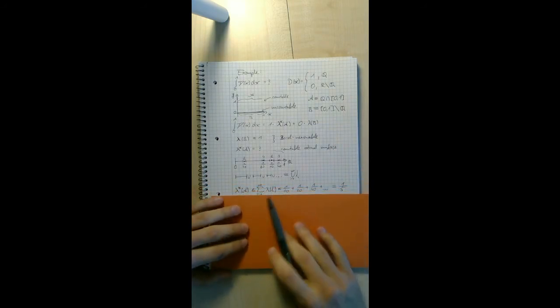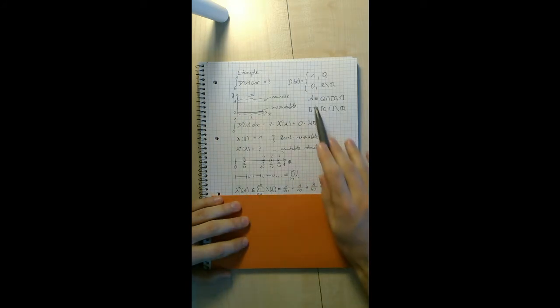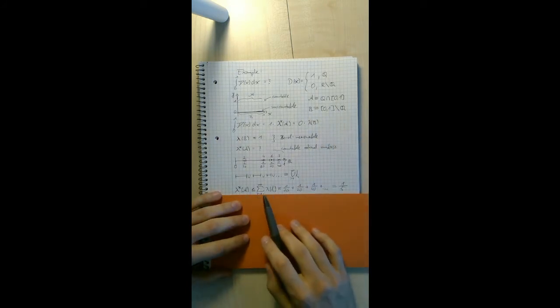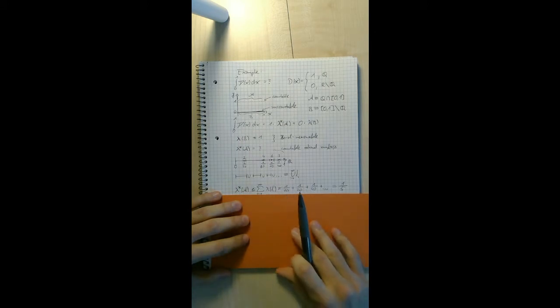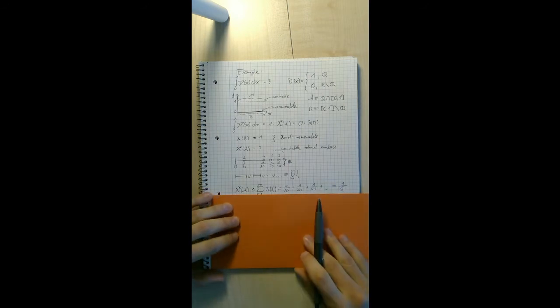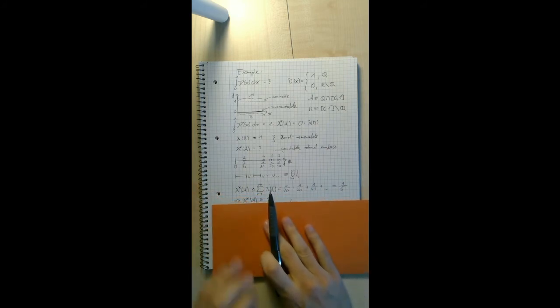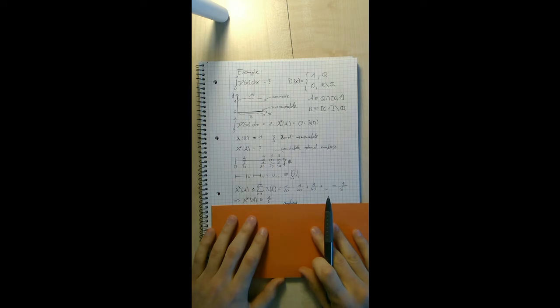And then the Lebesgue measure of A has to be smaller than the sum of the lengths of those capital I, right? In this case, this is just a geometric series, and it equals 1 over 5. So we know the Lebesgue measure of A is smaller than 1 over 5.